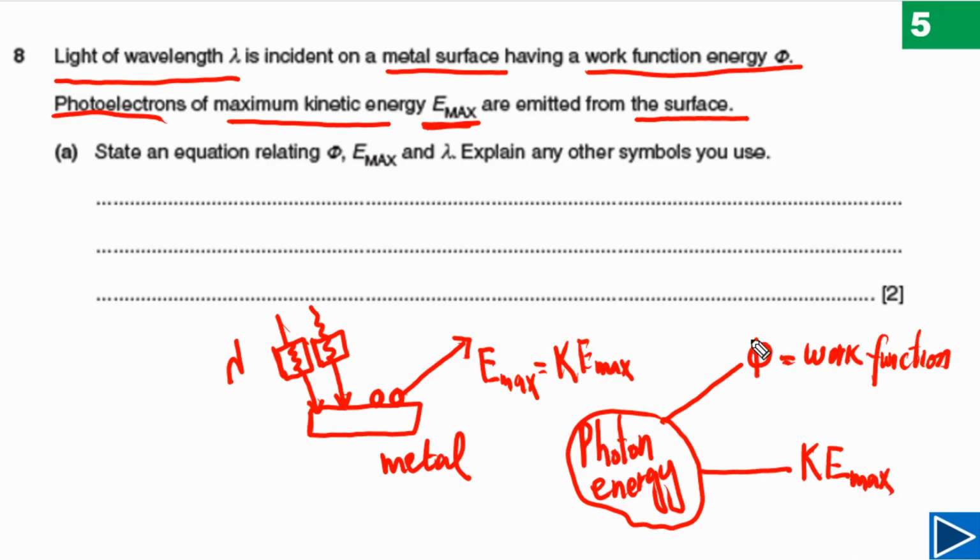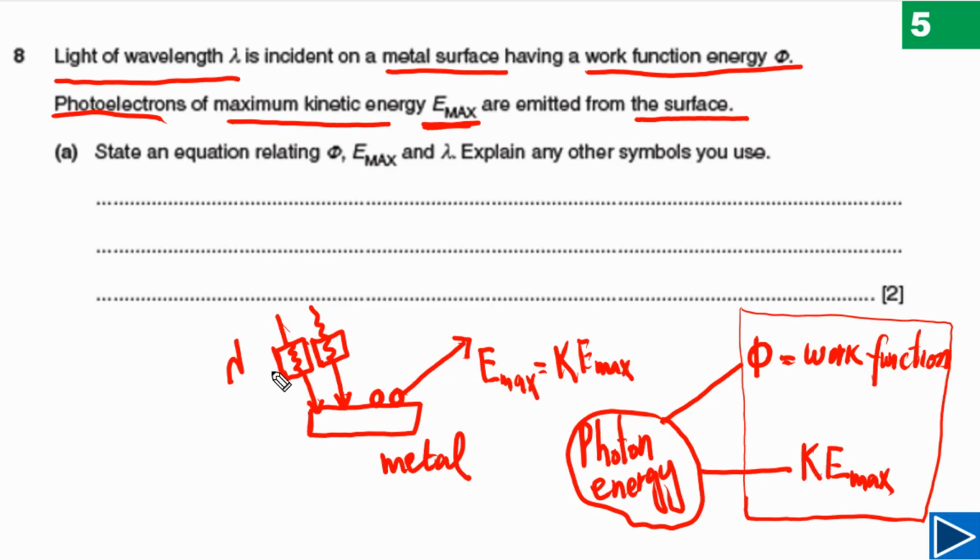So here we have photon energy. The photon gives all of its energy to a single electron, and the single electron first of all uses some energy to release itself from the metal or from a certain atom, and the remaining energy becomes its kinetic energy.